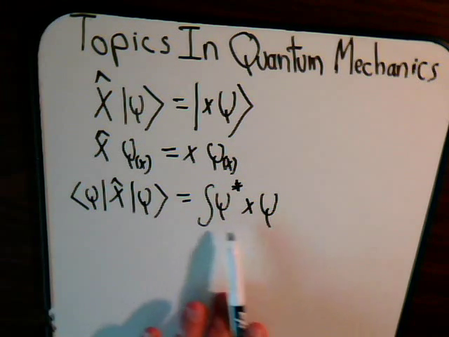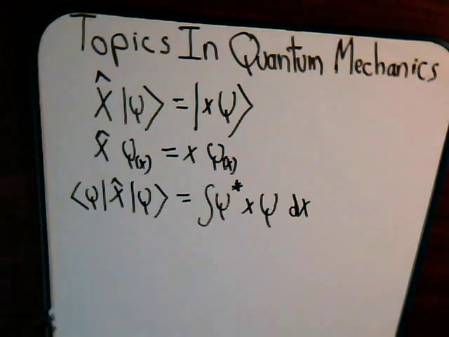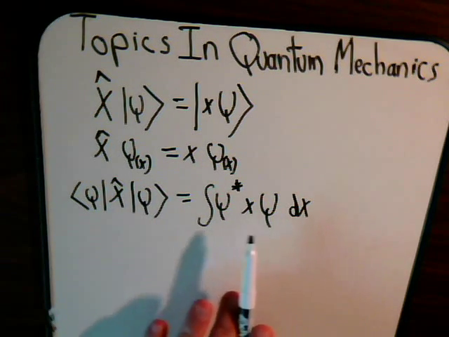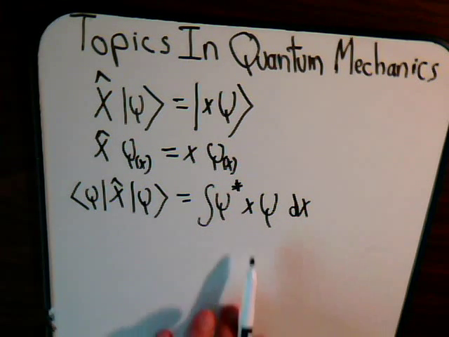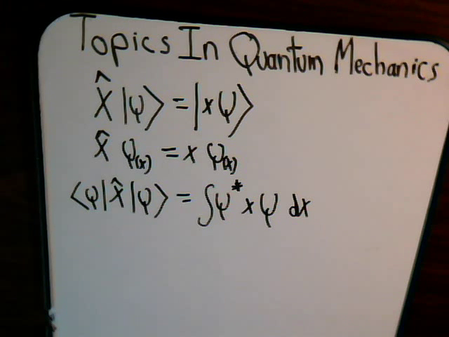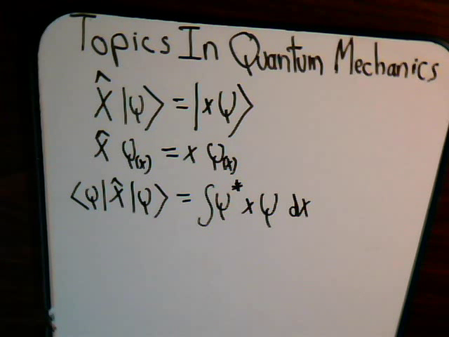This whole expression is this, and we're on the x-axis. Since we're on the x-axis, we're not in complex space at all. This is a real number. And of course, when you multiply a function by its complex conjugate, that's a real number. We're integrating a real number, so we're going to get a real number. So this certainly fits the definition of a Hermitian operator.